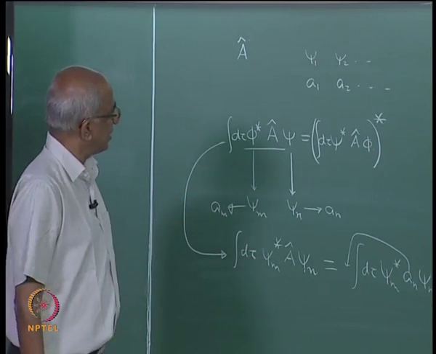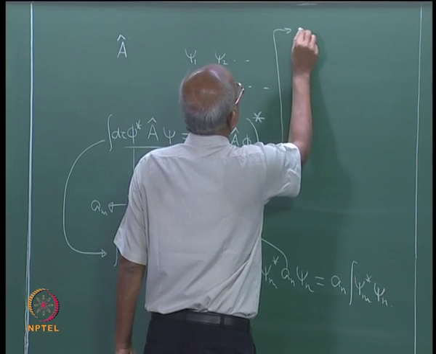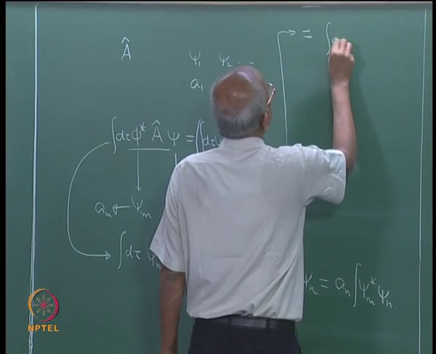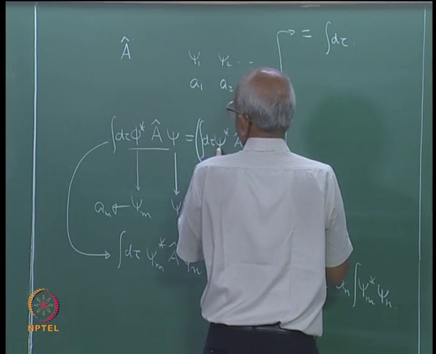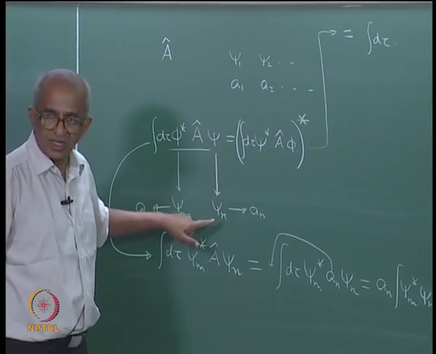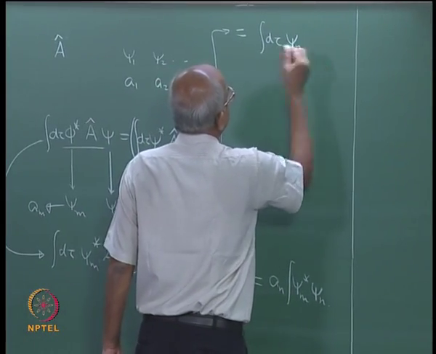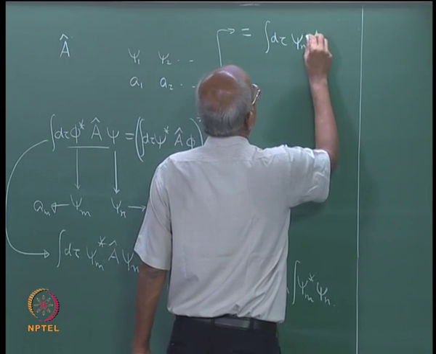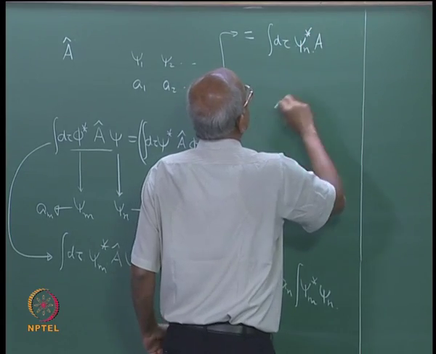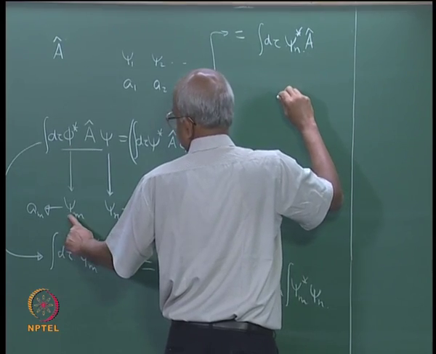Now, we will evaluate the right hand side. The right hand side is the integral d tau, where psi is identified with psi n, so I will have psi n star, then A operating upon phi, which is identified with psi m.